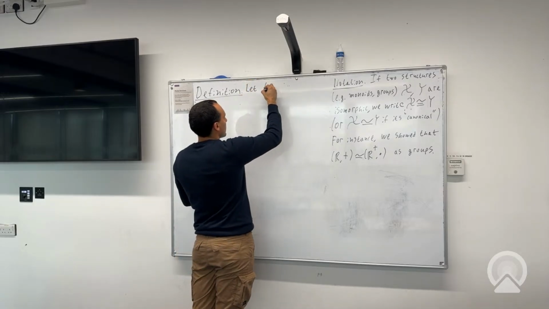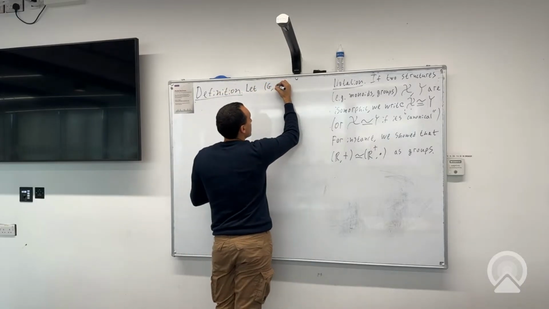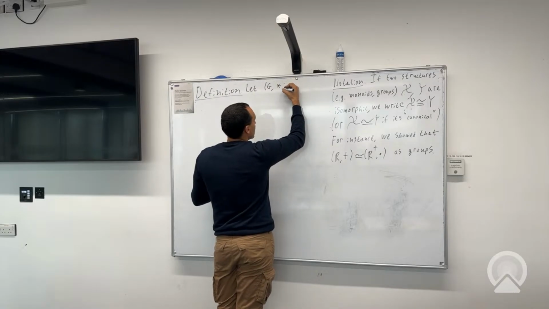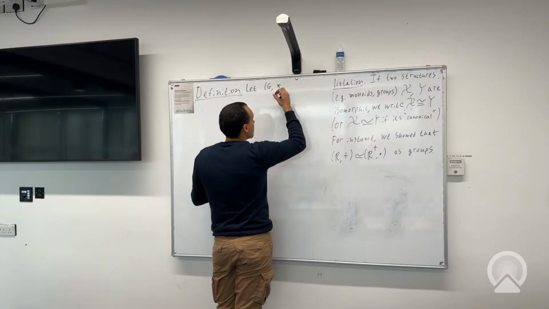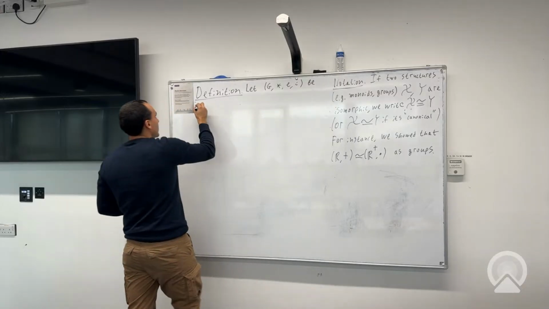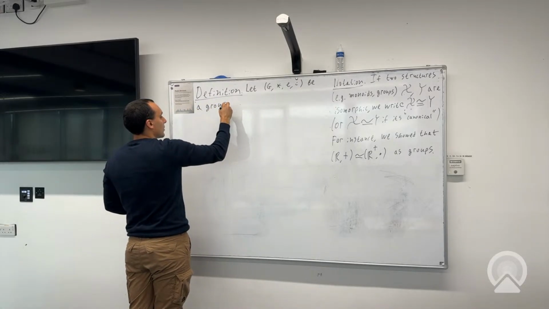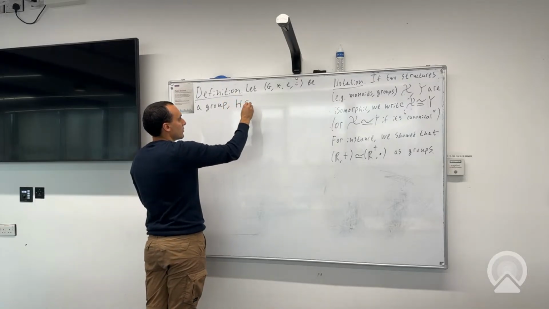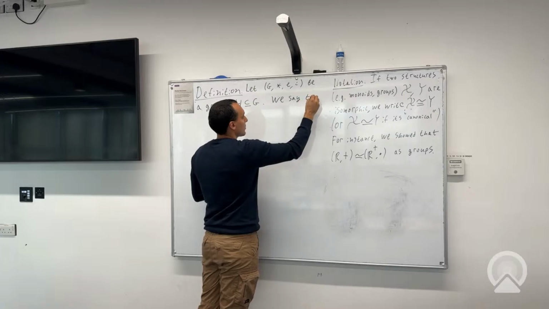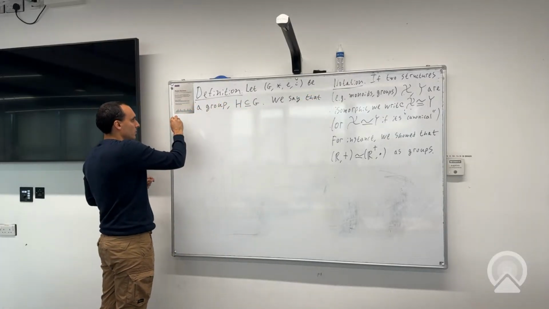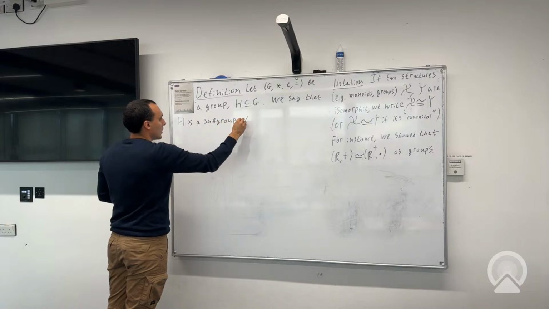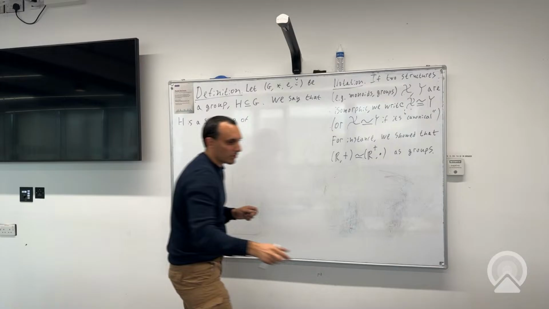So let G be a group and H a subset of G. We say that H is a subgroup of G. In mathematics, people prefer to use short phrases.